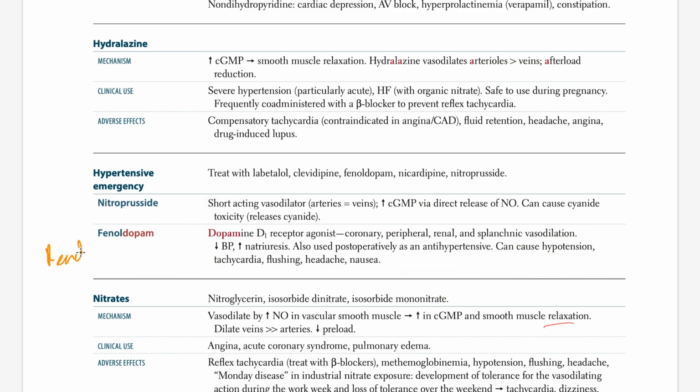High yield point: it causes renal vasodilation. When you dilate the renal artery, what's going to happen is that you have an increase in renal perfusion.